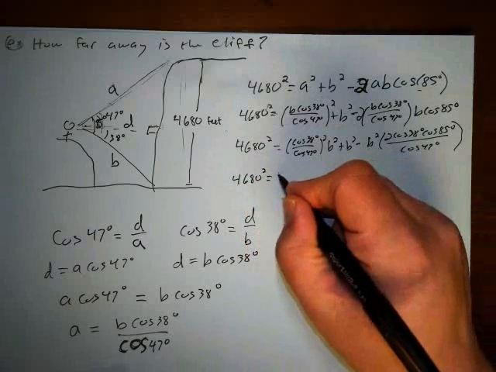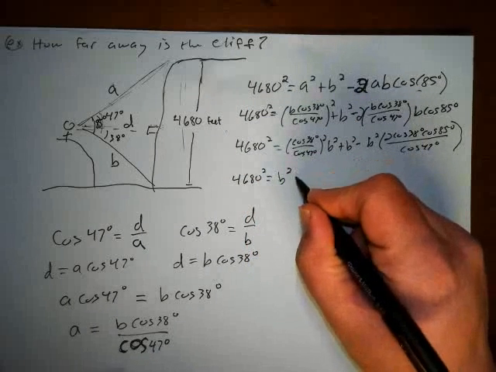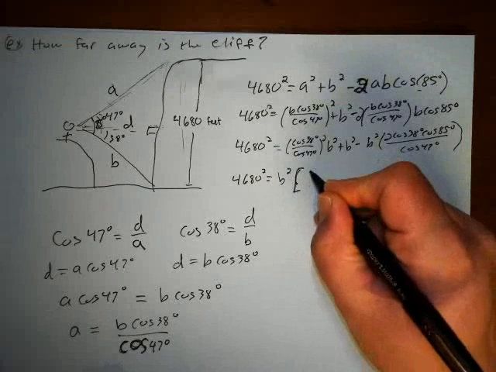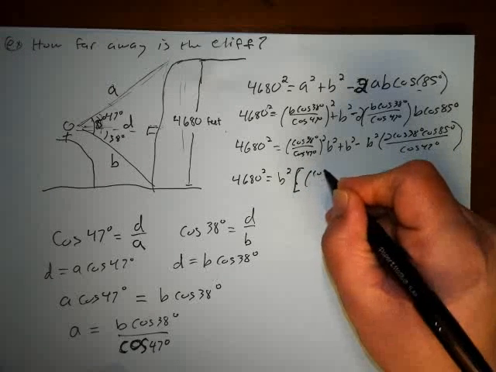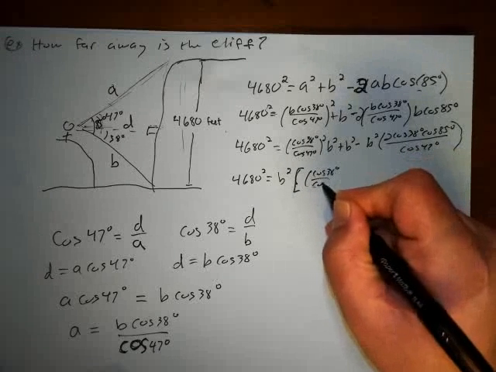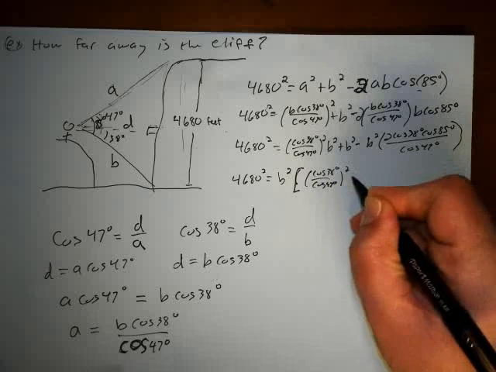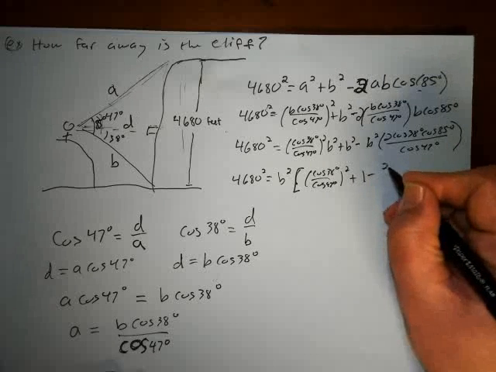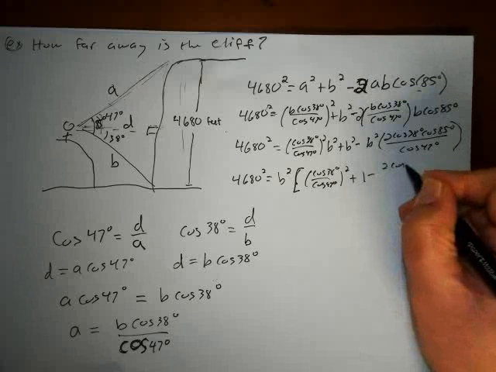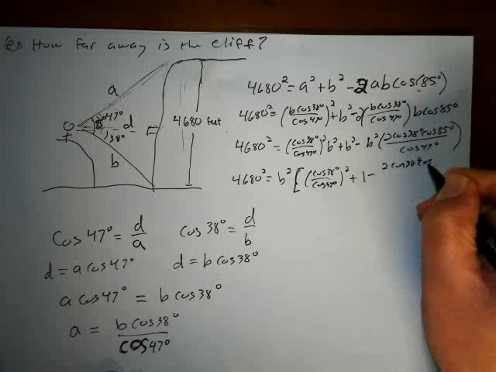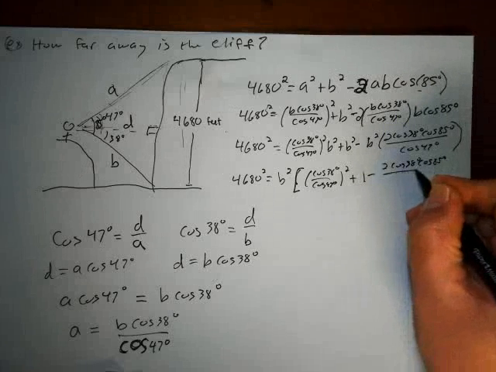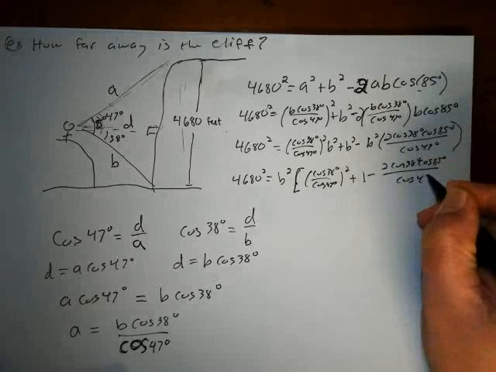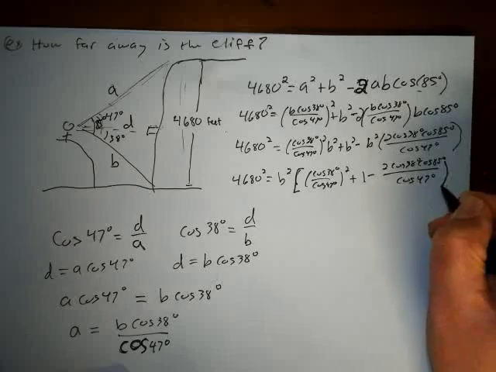What I'm doing is factoring out a b squared, and then I'm going to get cosine 38 degrees over cosine 47 degrees squared plus 1 minus 2 times cosine 38 degrees cosine 85 degrees all over cosine of 47 degrees. All like that.